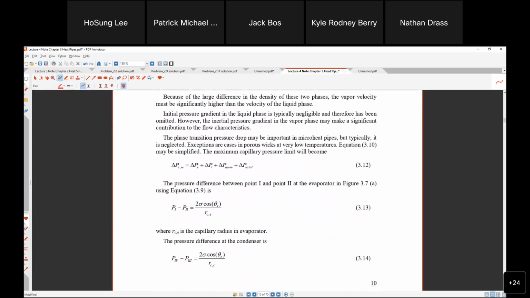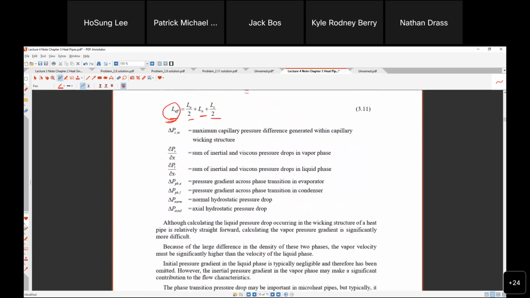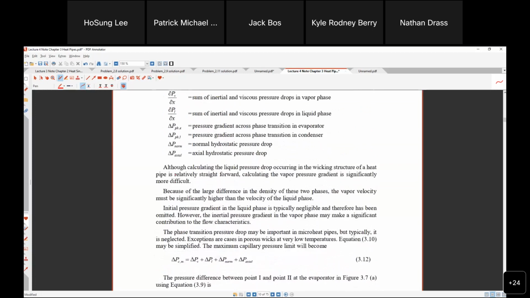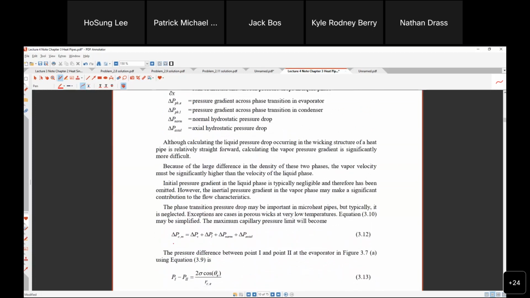It turns out the pressure difference between 1 and 2 we call the capillary maximum. That's the source. That creates the maximum pressure difference between 1 and 2 at the evaporator.